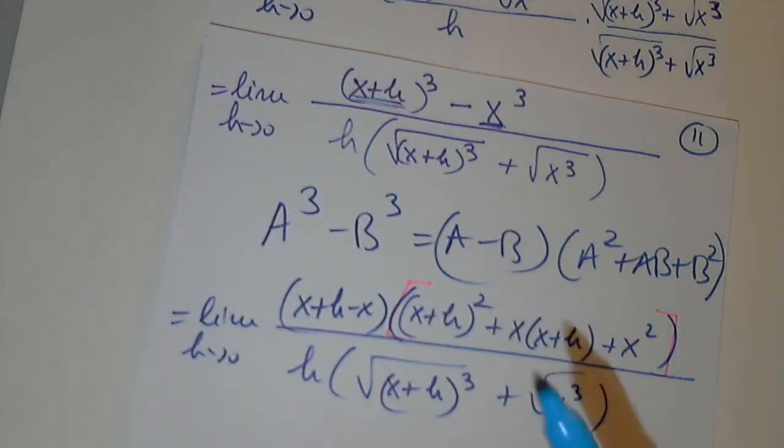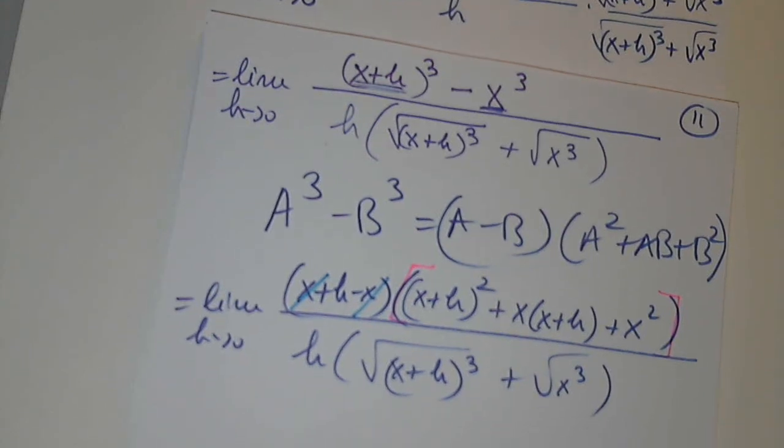Perfect. So look at what happens. The negative x with the positive x will go away, and obviously the positive h with the positive h will go away. So now, when h approaches 0, where does this go? Just this. X squared. Excellent. Where does this go? Just this. It'll also be x squared. Perfect. Plus x squared.